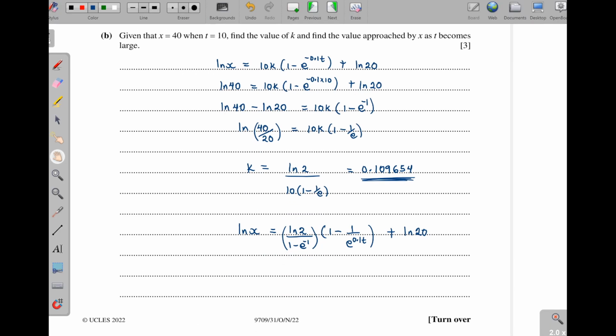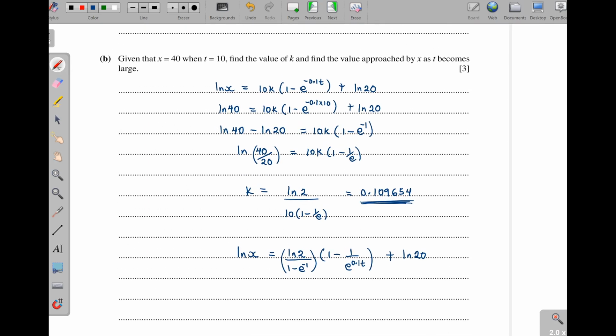Now, as t becomes big, what does this mean? As t tends to infinity, so we shall get 1 over e power infinity, or like e power a very big number, still gives you a very big number, not so? Now, that means this part here, 1 out of e to the power of 0.1 t will approximate to 0, because 1 over a very big number always goes to 0.